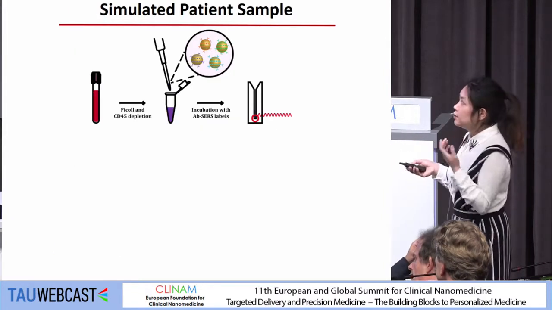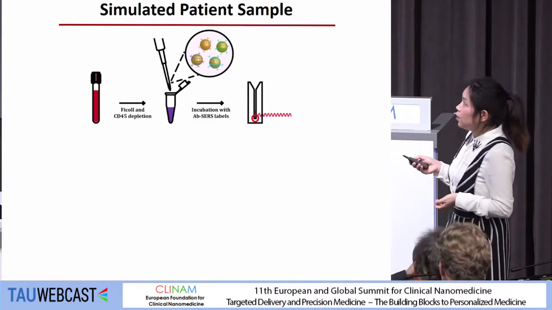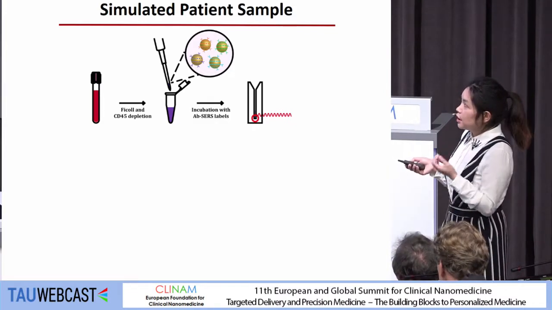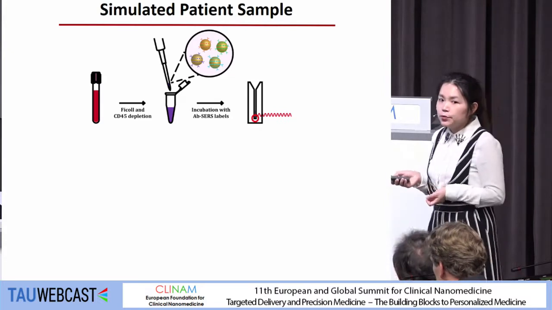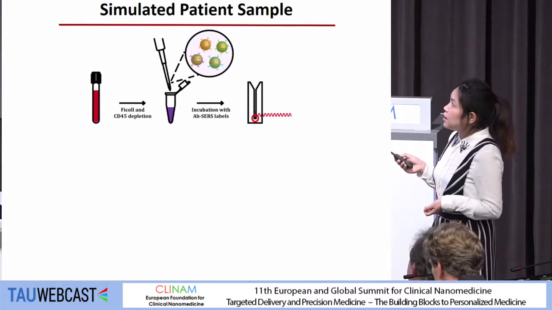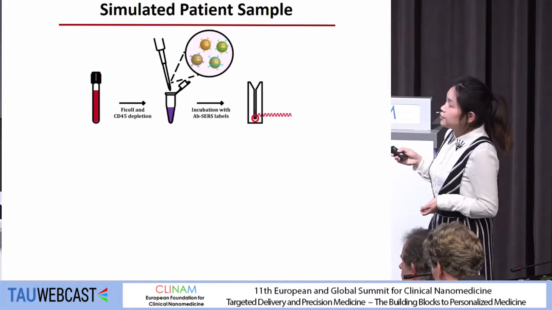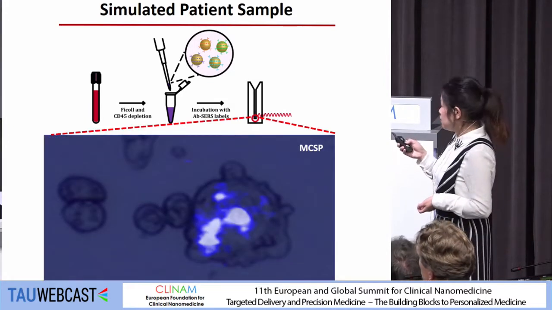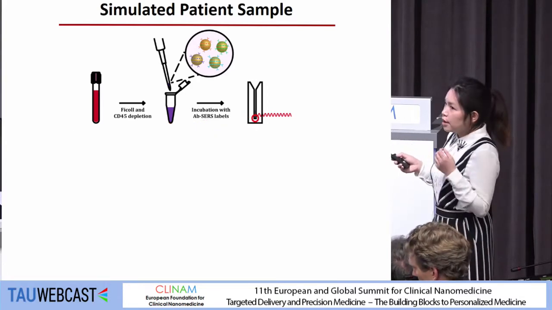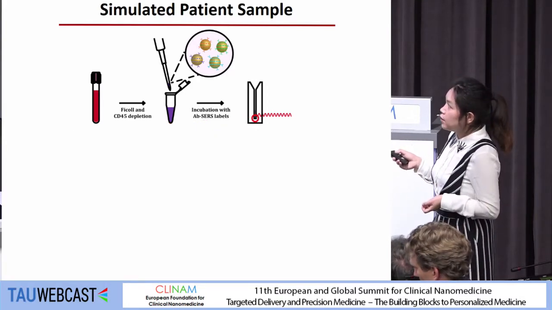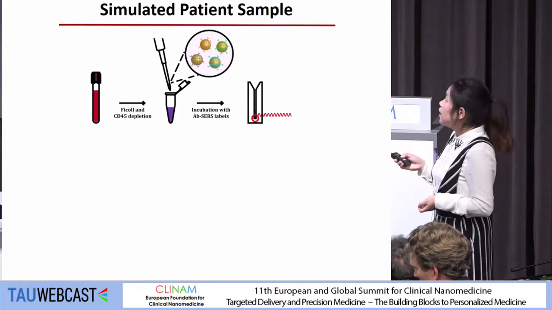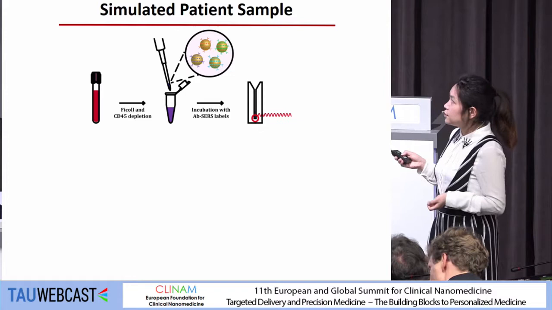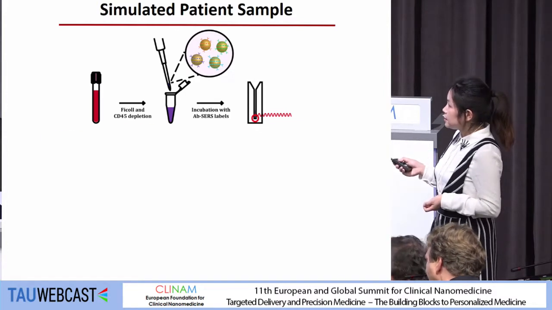After demonstrating on the cell line model, we would like to further test whether our technology has the potential to be applied to real samples. So we tested in a simulated patient sample. We spiked the melanoma cell into healthy human blood after red blood cell lysis and CD45 depletion. We labeled this cancer cell with our SERS barcodes, and then we detected its SERS signal.